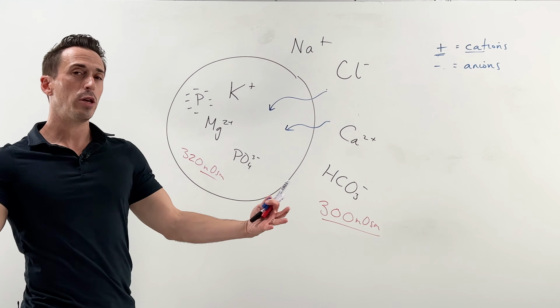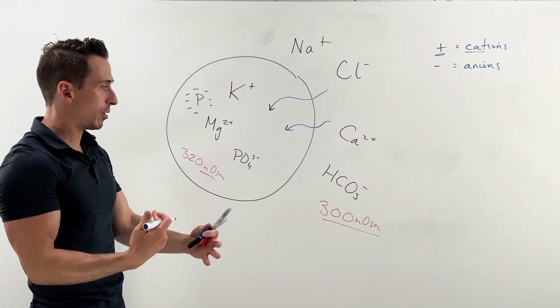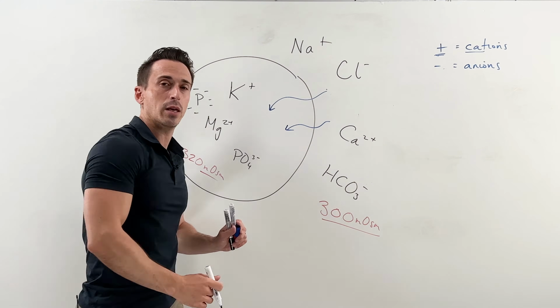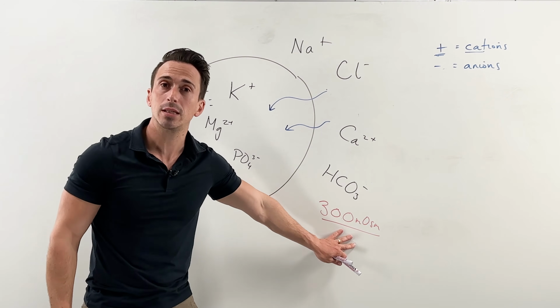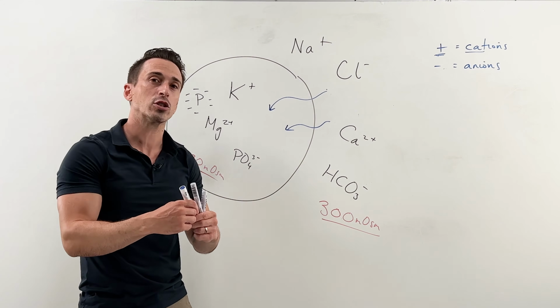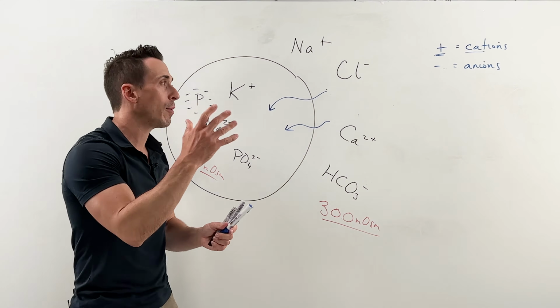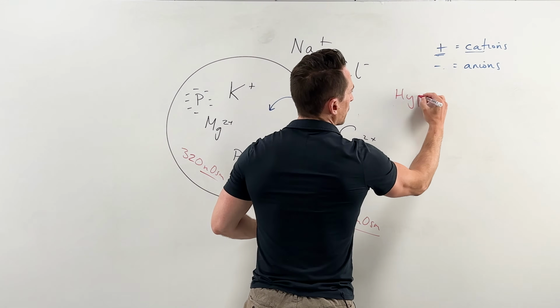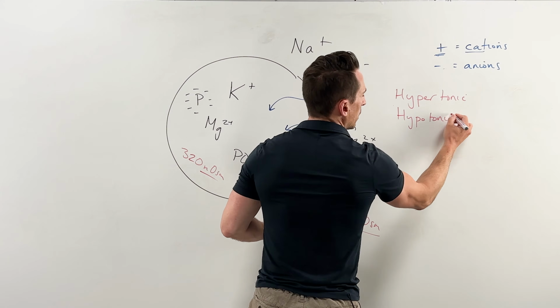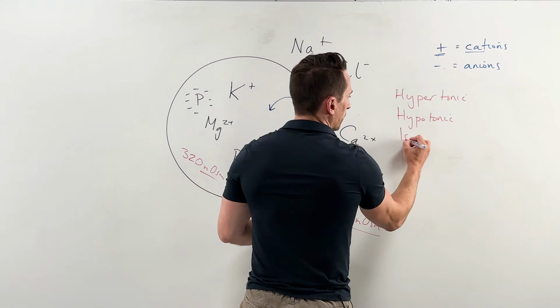Now, the term we use for this relationship of the water moving inside and outside the cell determined by the osmolarity is the tonicity of a cell. And you've probably heard the term isotonic. You've got hypertonic, you've got hypotonic, and you've got isotonic.